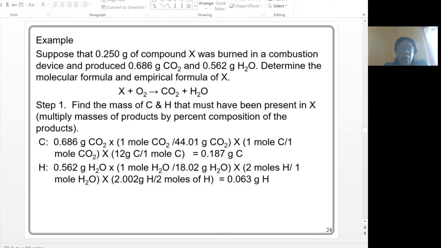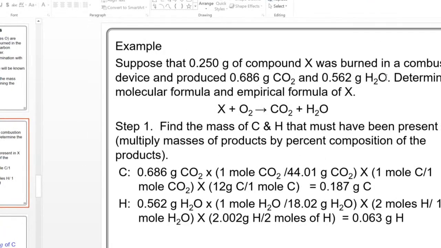If you compare, let's go back to our previous slide. You're able to see that the answer obtained using the first working is 0.187 grams.